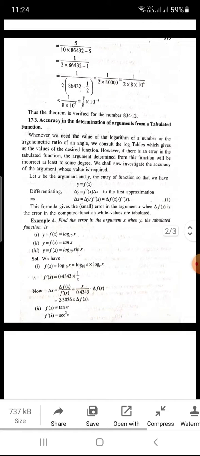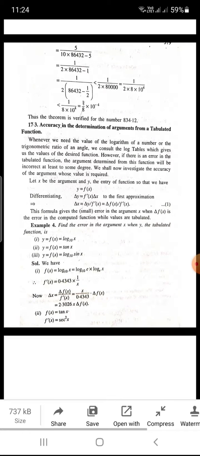whose value is required. So suppose I take x be the argument and y the entry of the function, so that we have y is equal to f(x). Now differentiating, I can say that delta y is equal to f dash x into delta x.